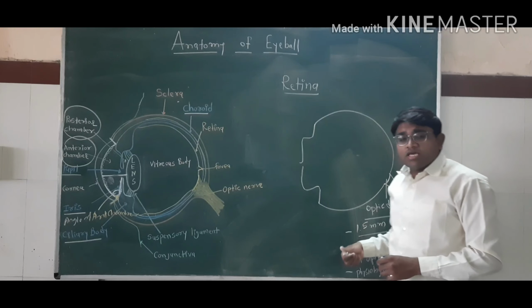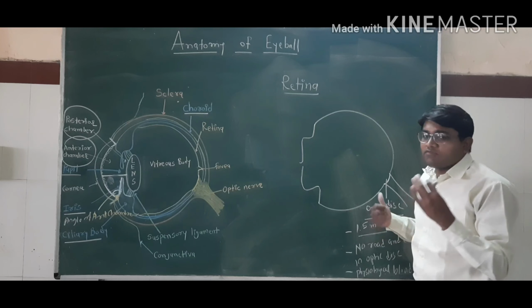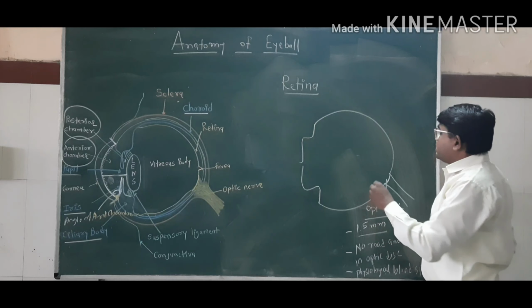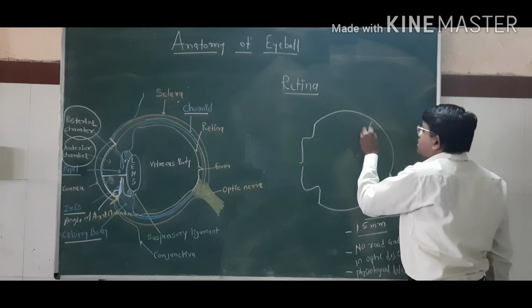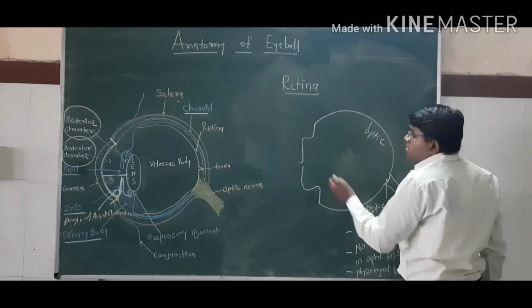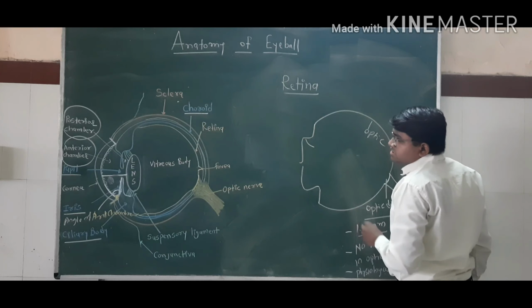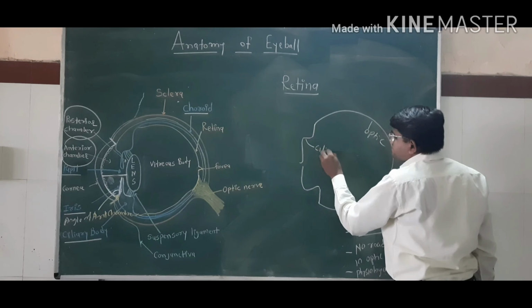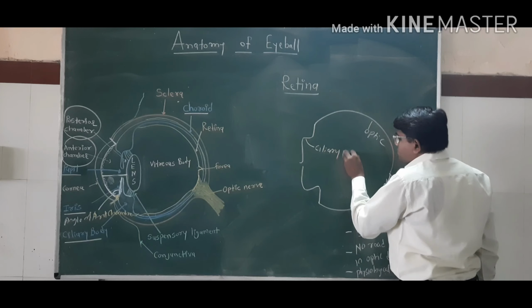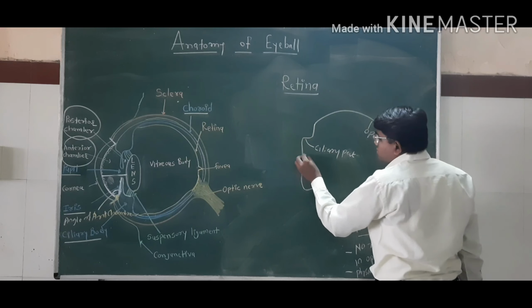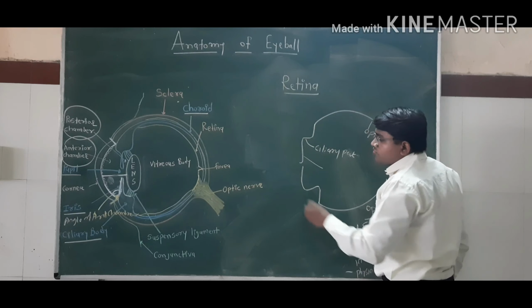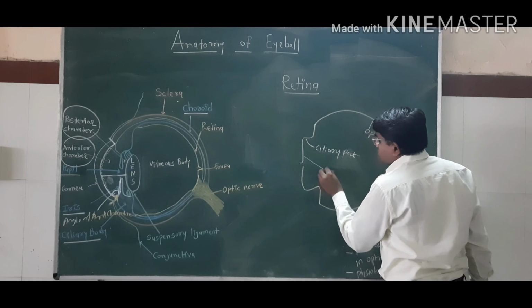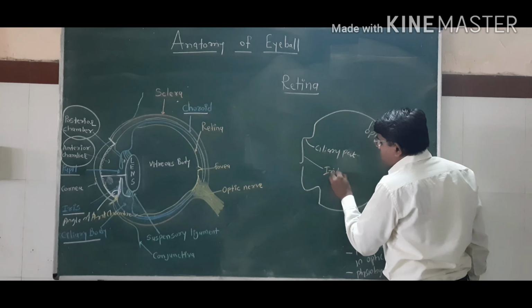The retina actually has three different parts. So here is its optic part. Here in the connection of the ciliary body, it is the ciliary part, and here in the connection of the iris, this part is known as the iridial part.